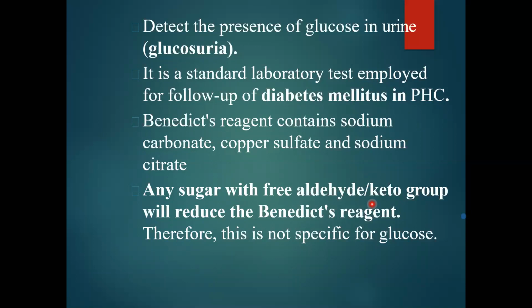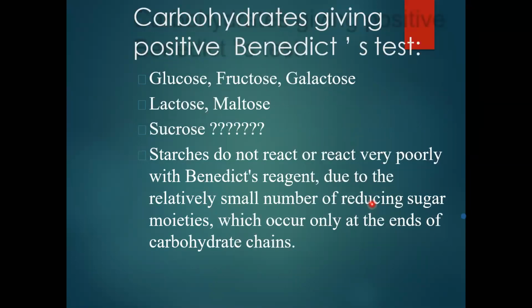Any sugar with a free aldehyde or ketone group will reduce the Benedict's reagent. Therefore, this is not very specific. Carbohydrates giving a positive Benedict's test are glucose, fructose, lactose, and maltose.